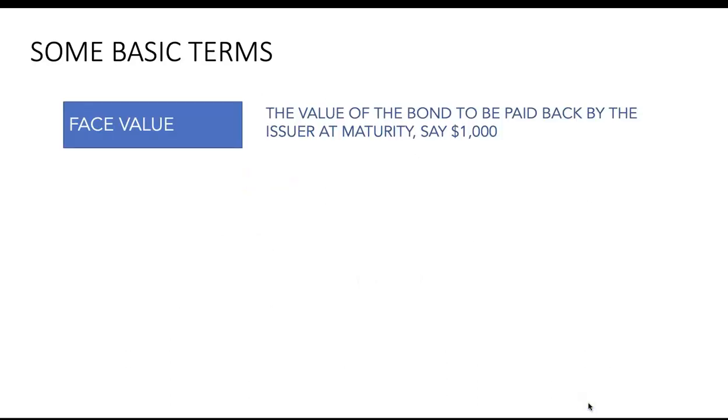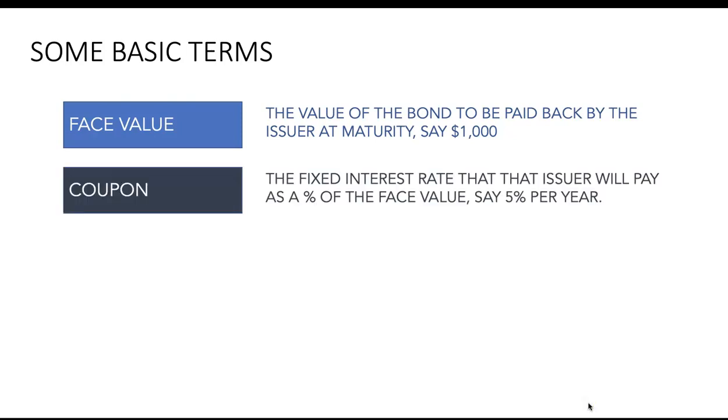Let's quickly revisit the key bond terms we learned in the last session. Face value. This is the value of the bond to be paid back by the issuer at maturity, say $1,000. Coupon. This is the fixed interest rate that the issuer will pay as a percent of the face value, say 5% per year.